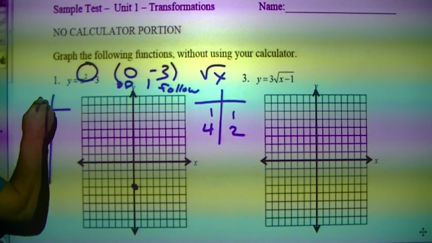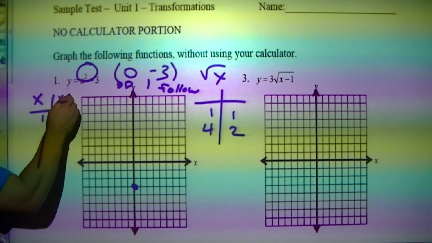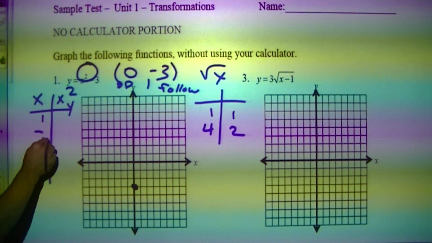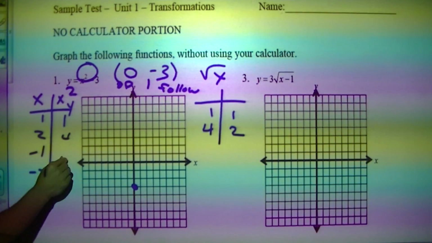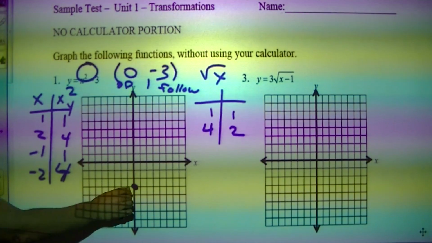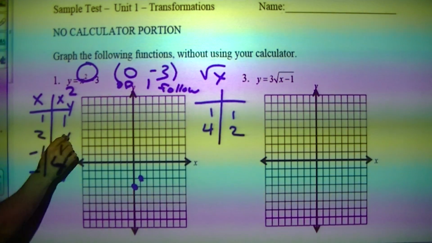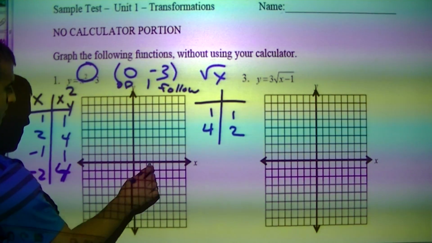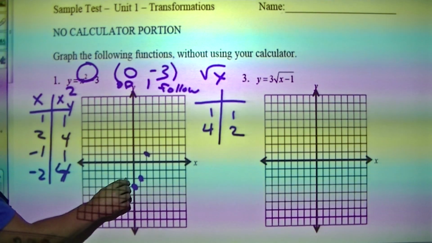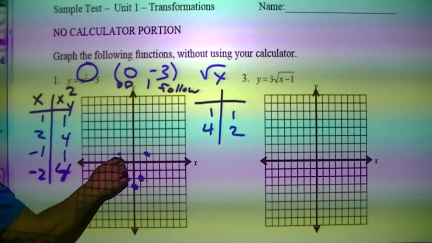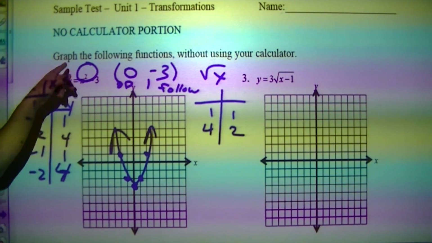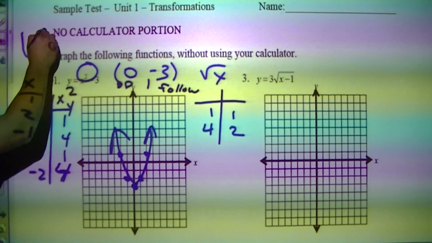Since it's a quadratic, x squared, which is the y that we're using: 1, 2, -1, -2. Now I go right 1, up 1, right 2, up 4, left 1, up 1, left 2, up 4. This is a U shape; they should be U's for quadratic.